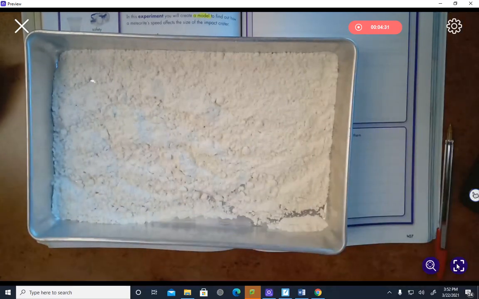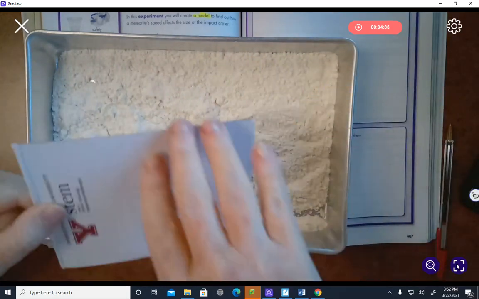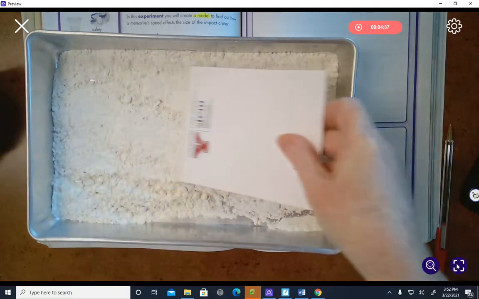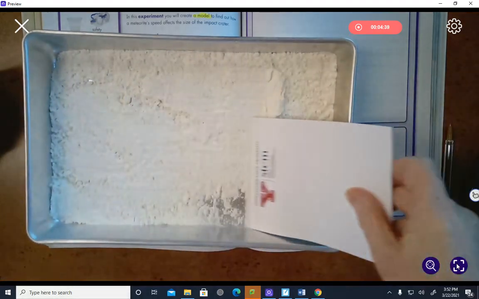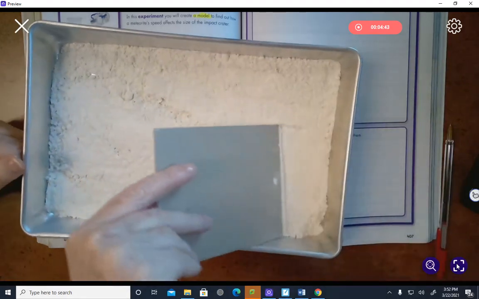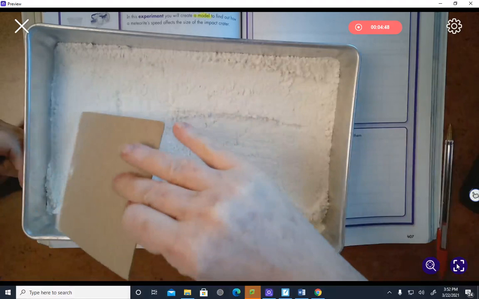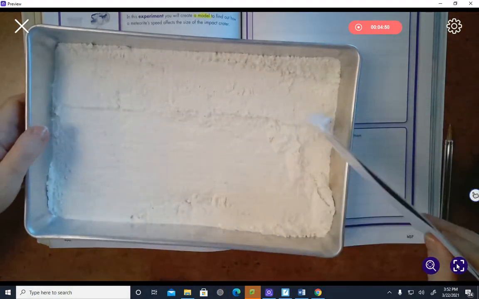And we also said it could be our moon. Now, I'm going to drag this across it, so it will be nice and smooth there, and help us measure.